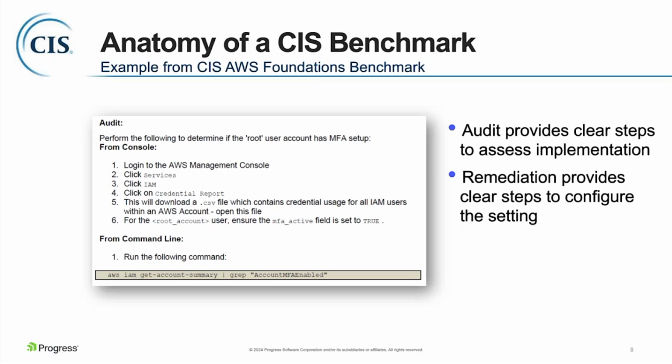You're going into the AWS Management Console, you're navigating to the IAM service, and you're looking at the setting on the root account user for MFA. And same idea with remediation. In this case, it's the CLI command, and you can run that CLI command to automatically remediate that setting.